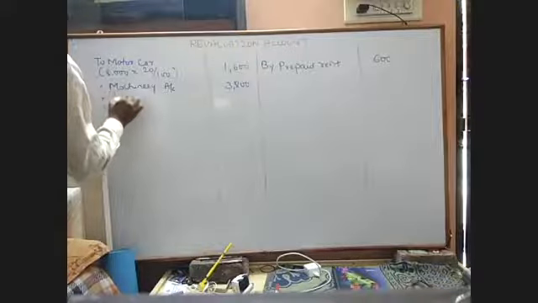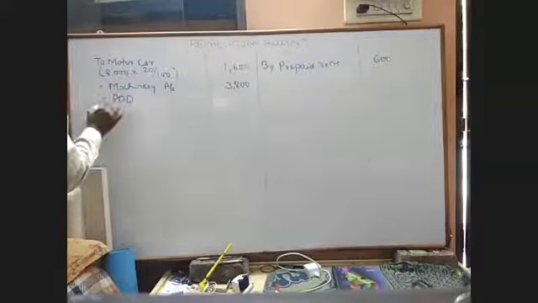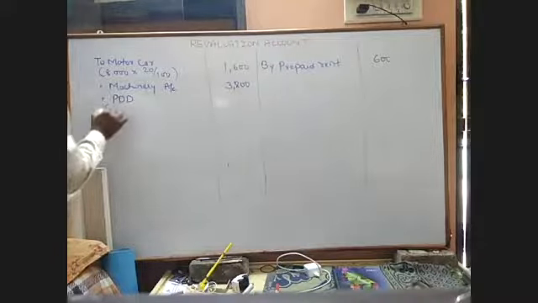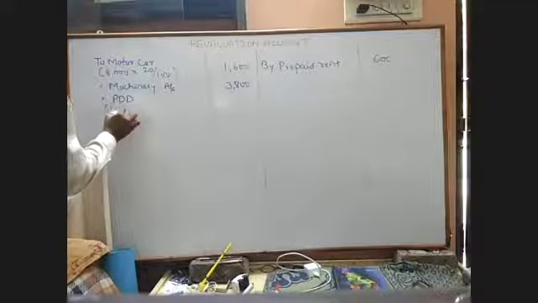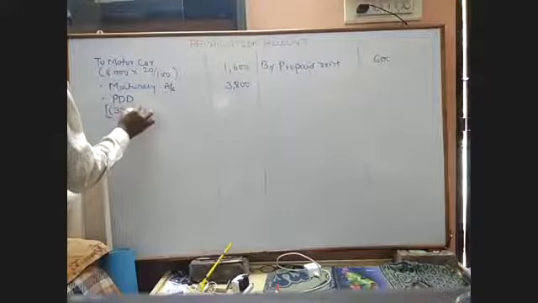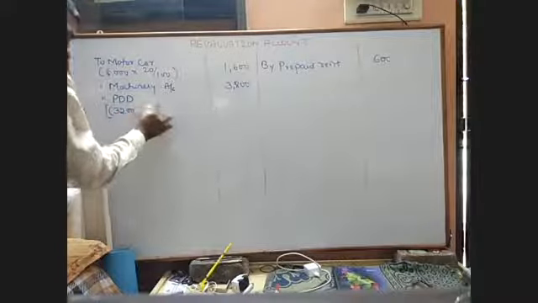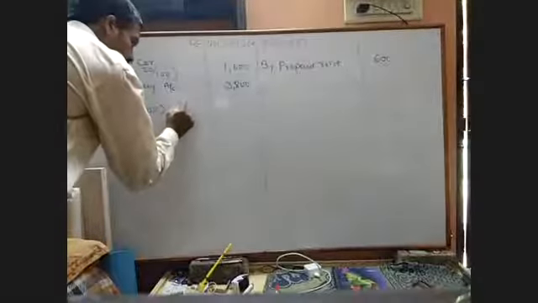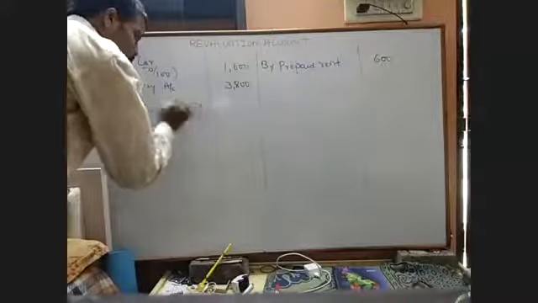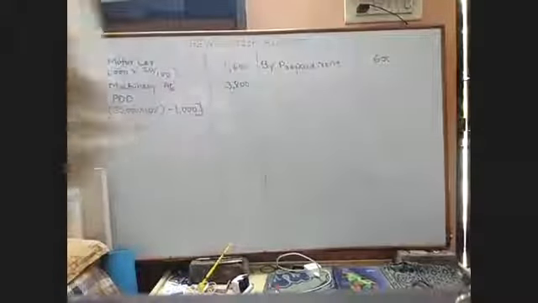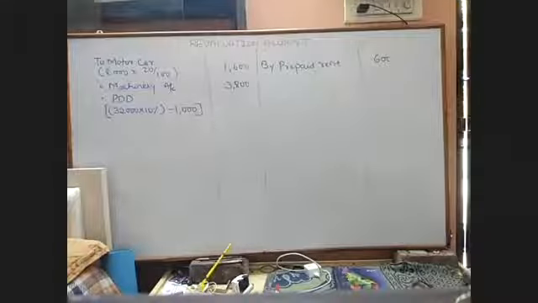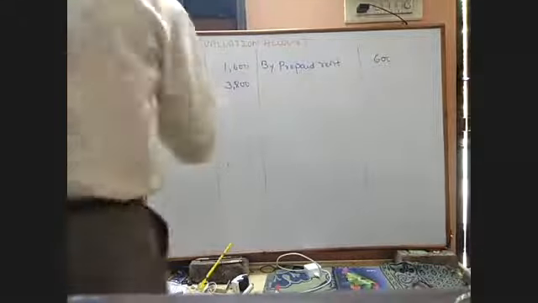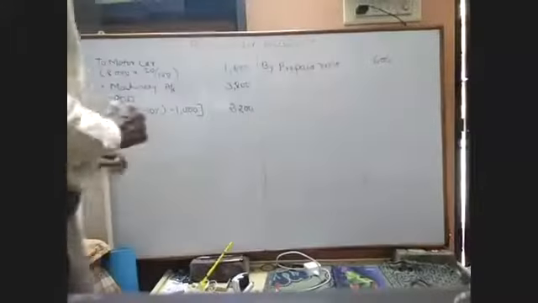To PDD. See how this should be written. We need to be very careful. First, 32,000 into 10% minus 1,000, because this 1,000 is already existing. So how much it will be? 2,200.